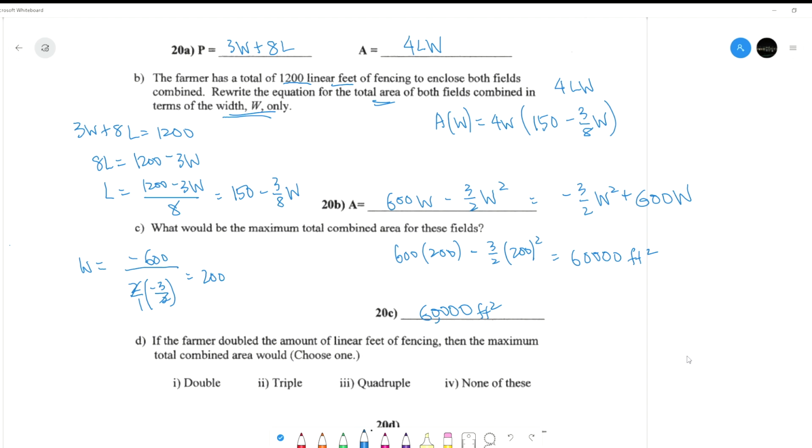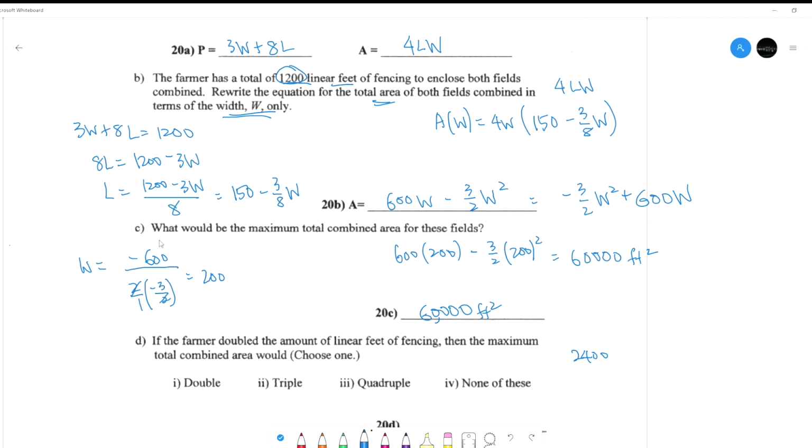Now, this last part, D over here, is actually what gives people trouble. They said if the farmer doubled the amount of linear fencing, right, then the max area, total combined area would what? What happens to it? So if this doubles, instead of 1200, we have 2400, right?